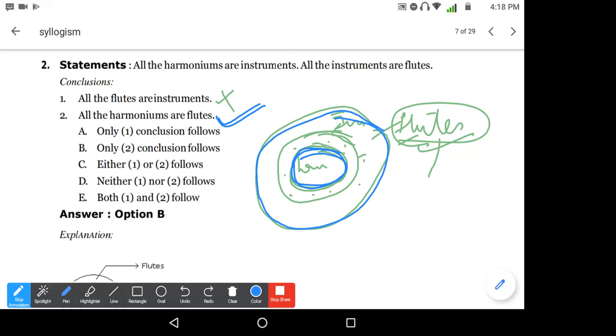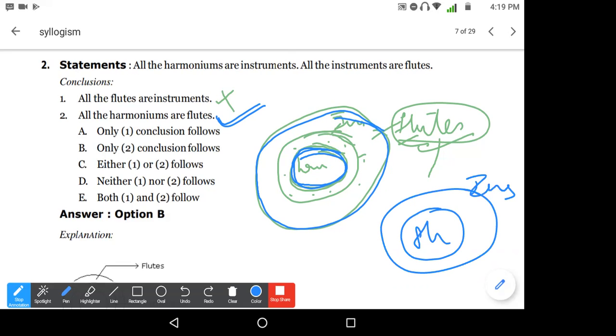If you had flute and then instrument, then you can say first one is correct. Now, since it is not there, first one is wrong. Only second one is correct. So only second conclusion, that is all the harmoniums are flutes. Only this is correct. So option B is your answer.